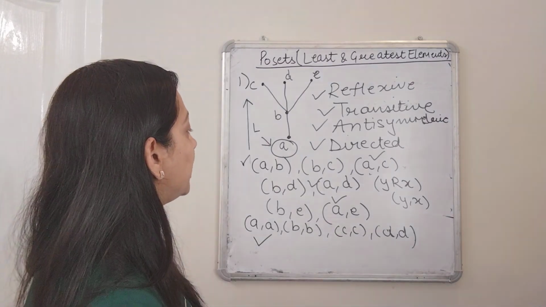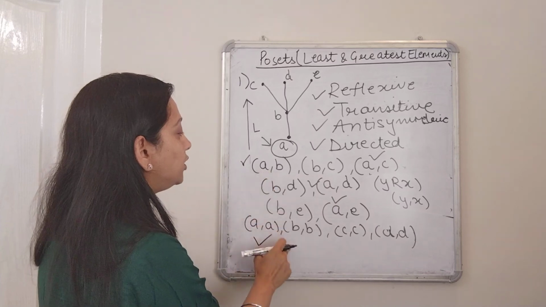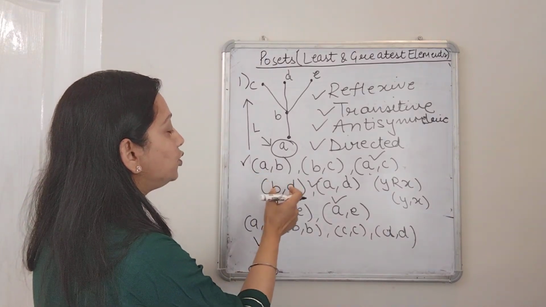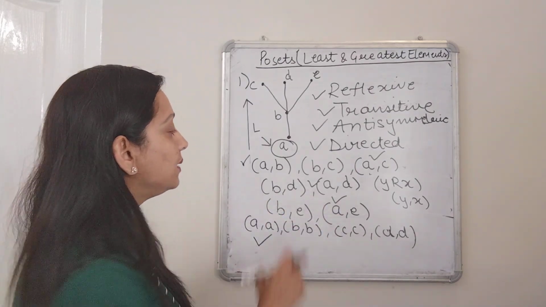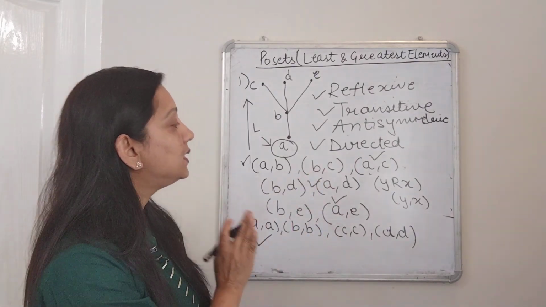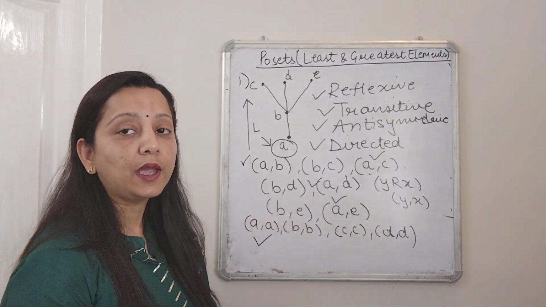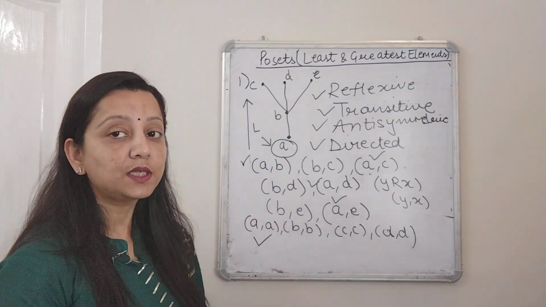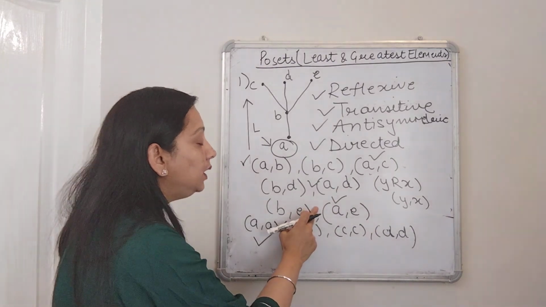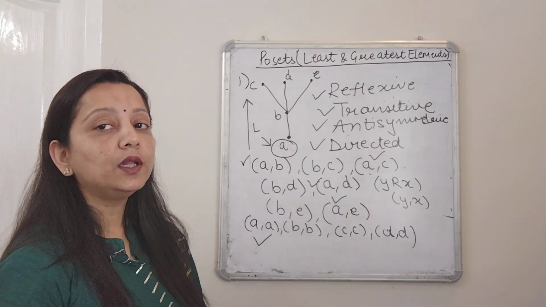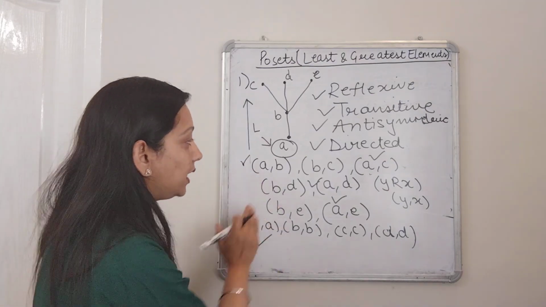So is there any such element? For A, A is related to A, then A is related to B, B is related to D, but there is no element which is related to A. Similarly, for B also I cannot see that all the elements of the set are related to B. Similarly for C, D and E. My condition is that all the elements must be related to that element, which I cannot see here.